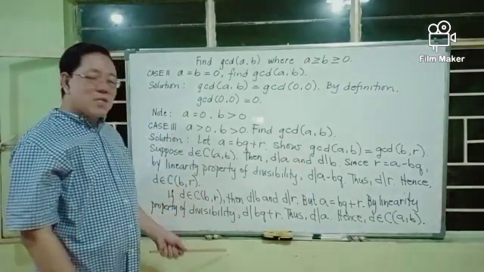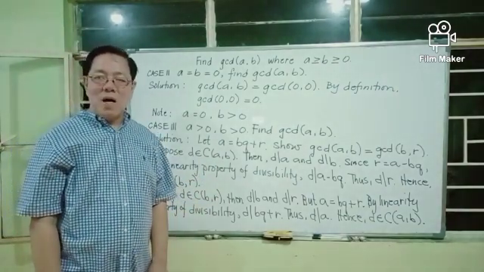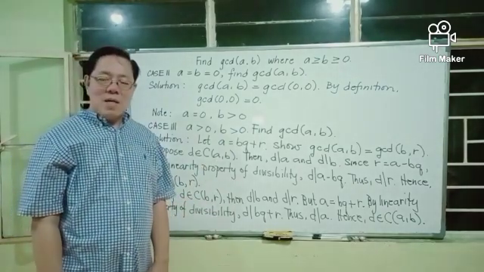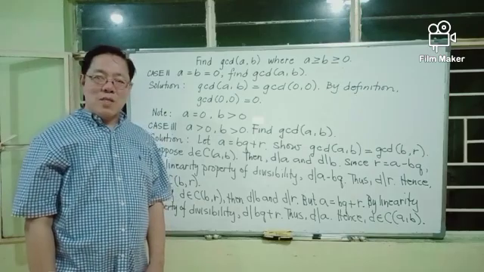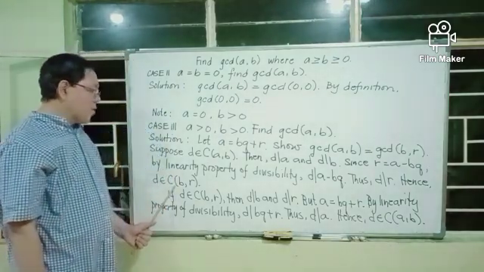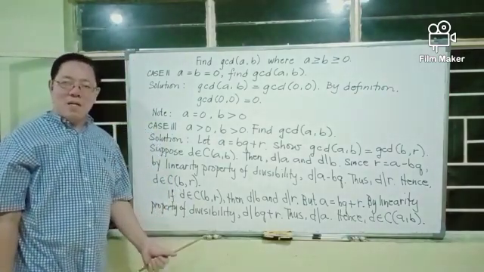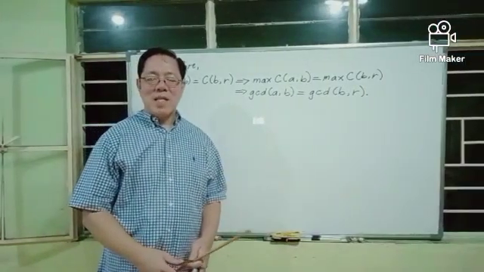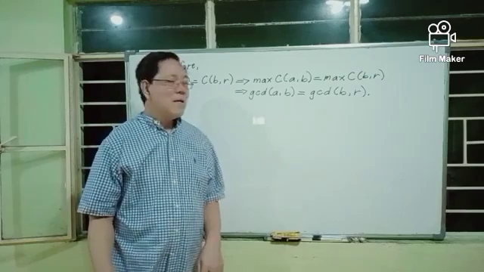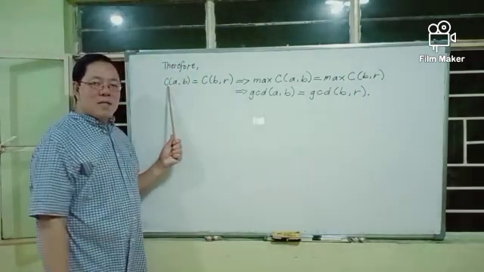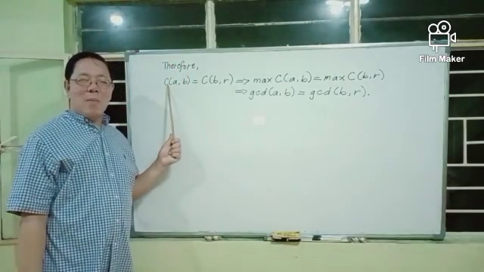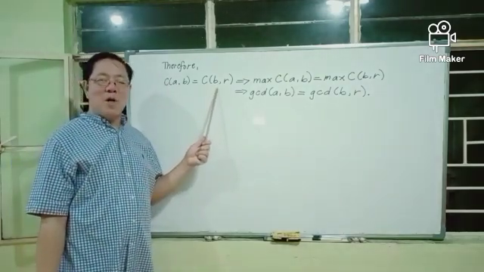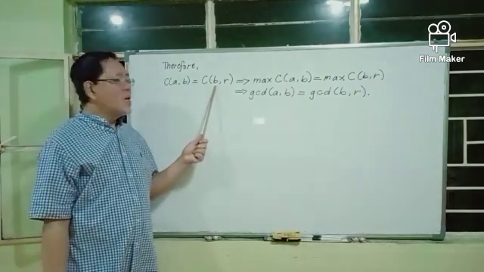Combining these two results, we conclude that the set CAB, the set of all common divisors of A and B, is equal to the set CBR, the set of common divisors of B and R.